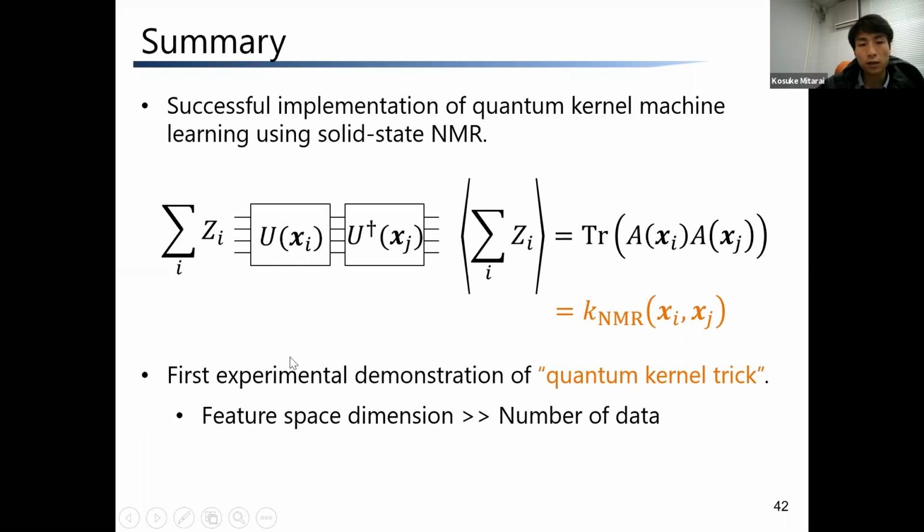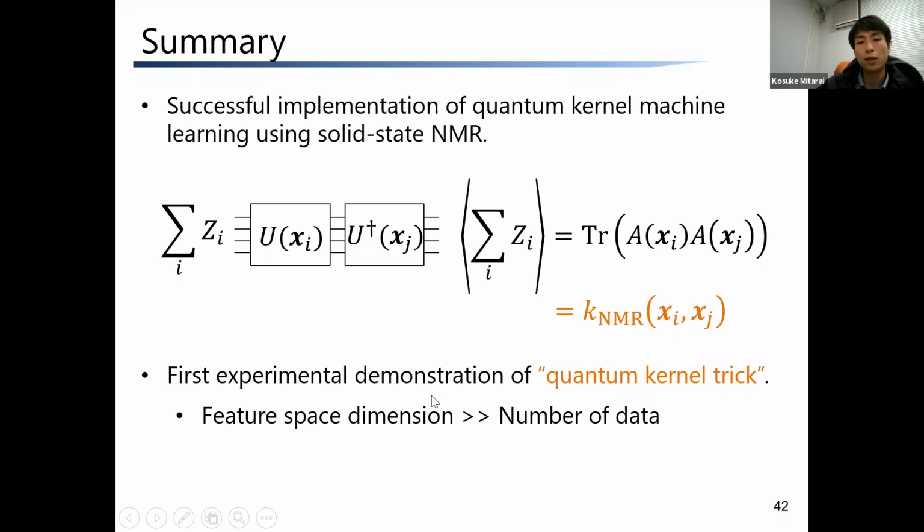And I think this experiment is the first experimental demonstration of the quantum kernel trick. There have been other experimental works which did this kind of quantum kernel method, but they used like 2 qubits or 4 qubits, and their feature space dimension was less than the number of data.